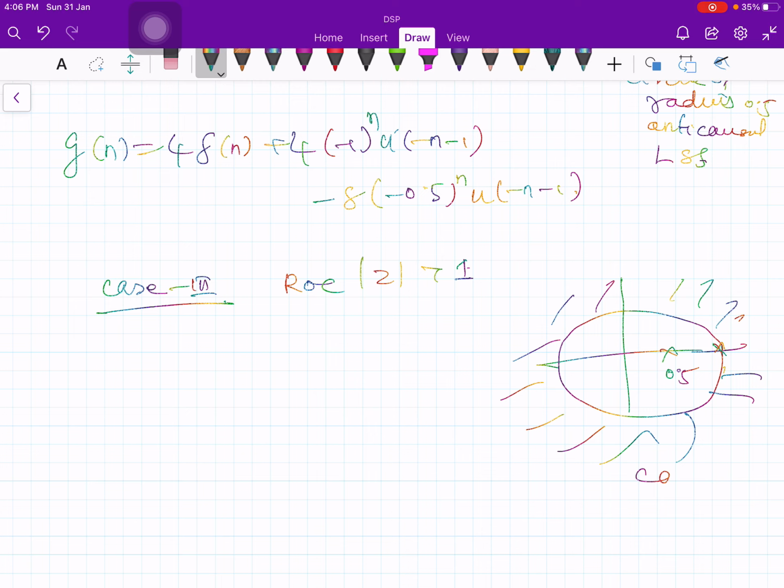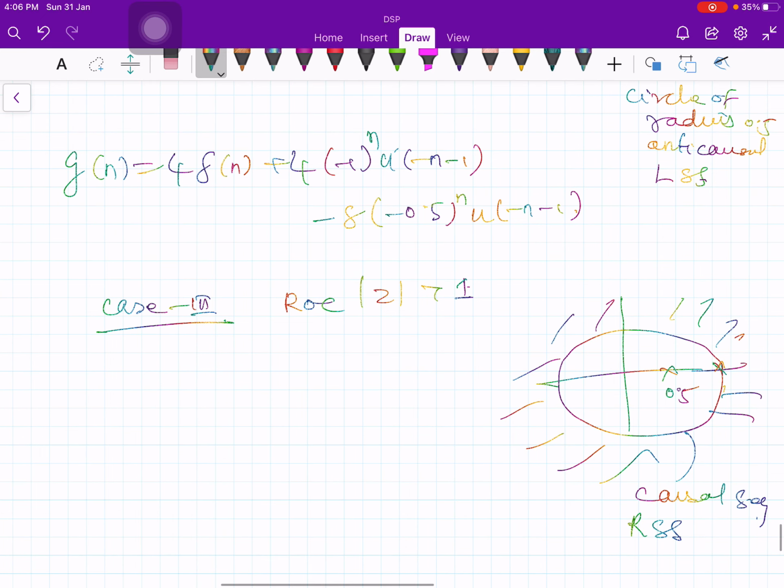Therefore, this represents a causal sequence. Causal sequence means right-sided sequence. Therefore, in this case, your g of n is equal to 4 times del of n plus 4 times (-1)^n u of n minus 8 times (-0.5)^n u of n. You see there are three possibilities.